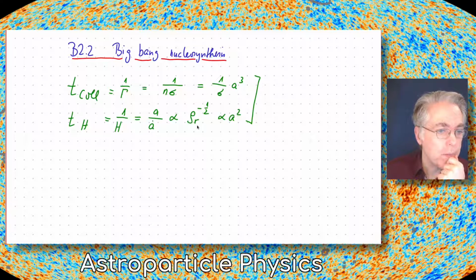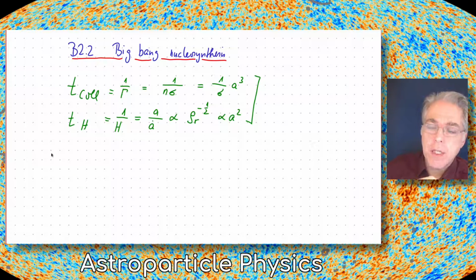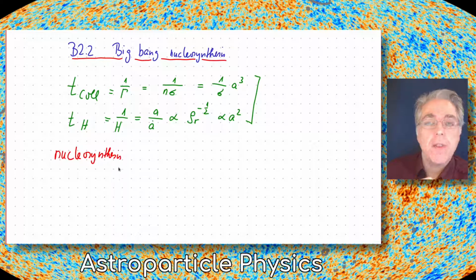This is something which is very common when you deal with these kinds of dynamic processes. The expansion is always competing with the rates of whatever reaction you're dealing with, and eventually one of the interactions will not work anymore because the universe is expanding so quickly. So we can look at nucleosynthesis as a process which takes place at the time when the energy was sufficient that we can deal with nuclear fusion reactions.